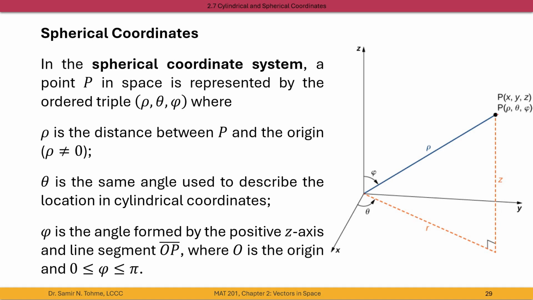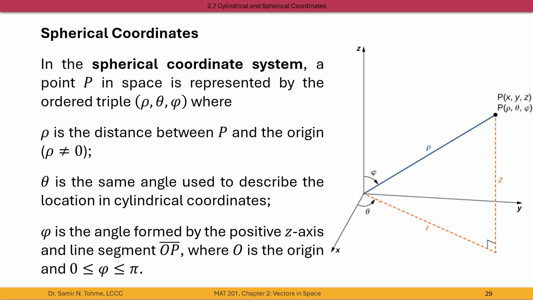r is obtained whenever you do a projection from point P onto the xy plane. The result of this projection will give you r, which is the distance between the origin and the point on the xy plane. Rho is the distance between the origin and this point in space without any projection.